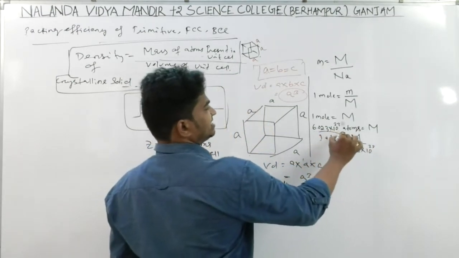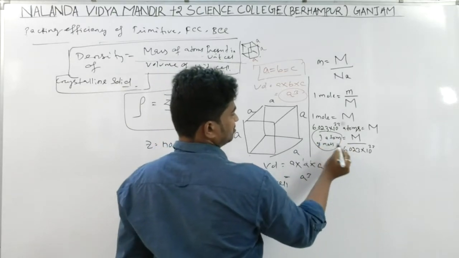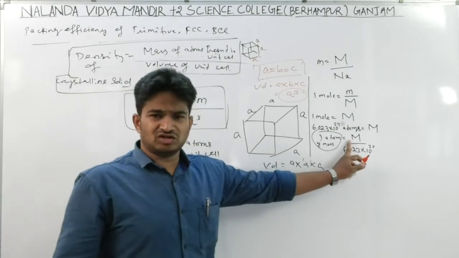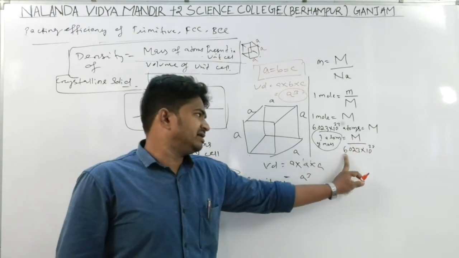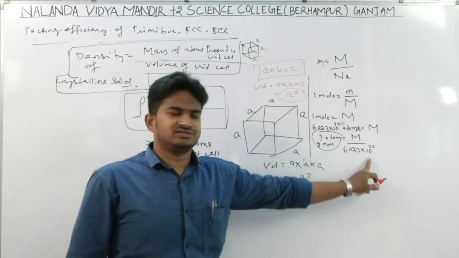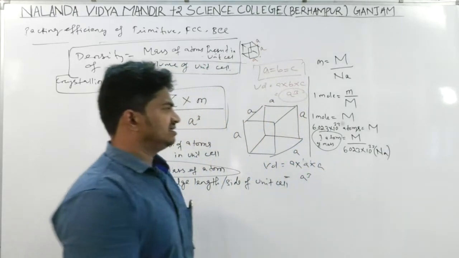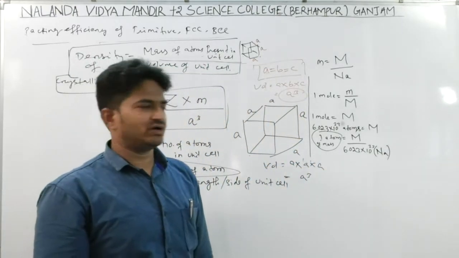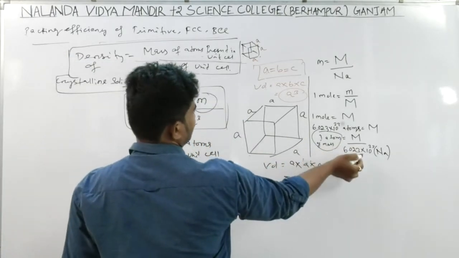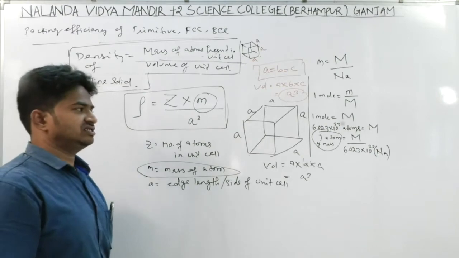So the mass of each atom is capital M, the molecular mass of that element or atom, divided by 6.023 into 10 to the 23, which is known as the Avogadro number, represented as Na. So in place of m we can write capital M divided by 6.023 into 10 to the 23.